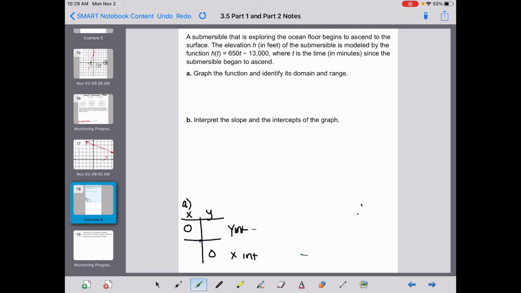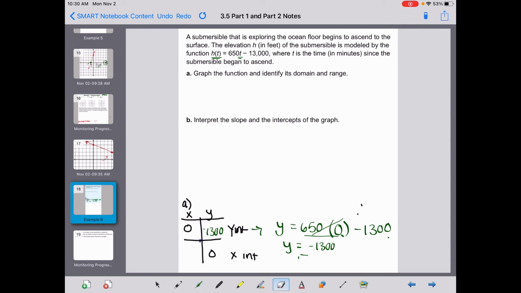So when I plug 0 in for x, I'm going to change my function h of t, I'm going to put a y there to make it easier. And remember that the variable t represents your input x, so I'm going to plug 0 in for that variable, minus 1300. 0 times a number will cancel to be 0, and we're left with y equals negative 1300.